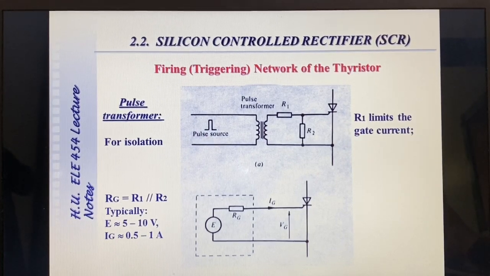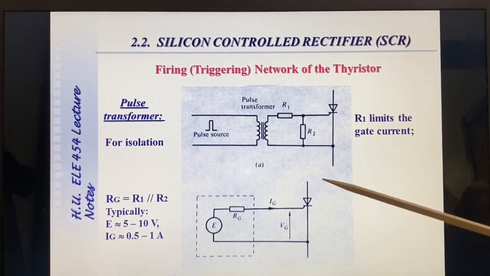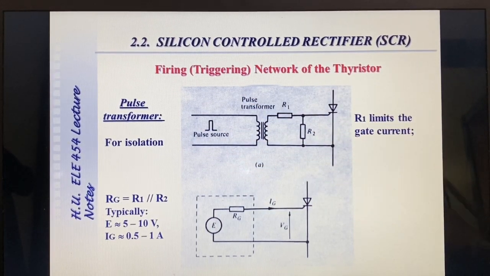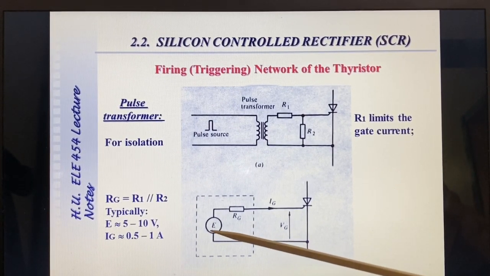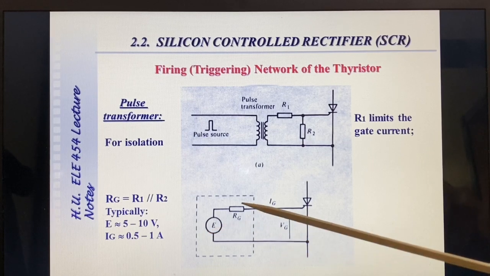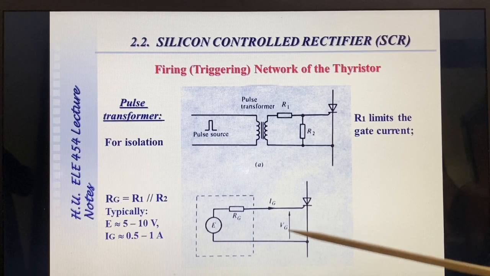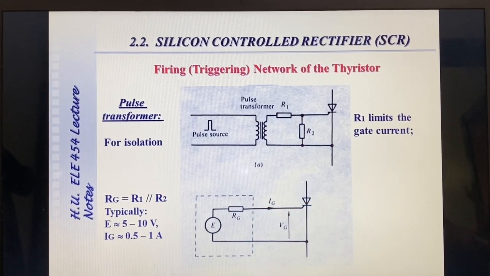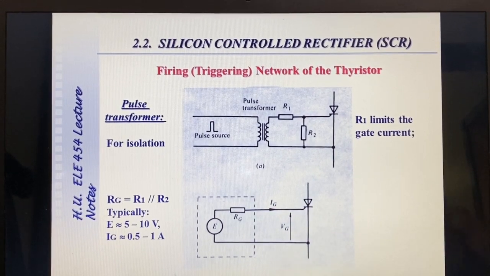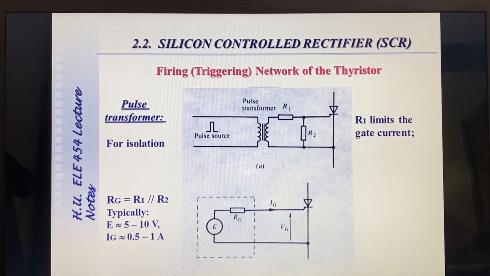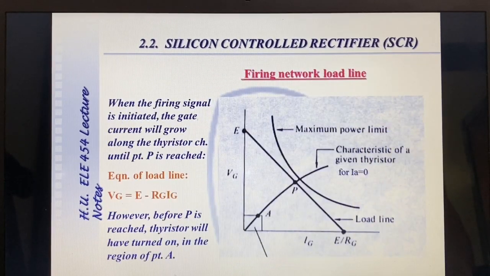If we draw a Thevenin's equivalent for this circuit, when you look to the left of the gate cathode terminals, it is a voltage source in series with a gate resistance, with applied gate voltage Vg and gate current Ig. Typically, E is in the order of 5 to 10 volts and Ig is in the order of 0.5 to 1 amp for practical thyristors.